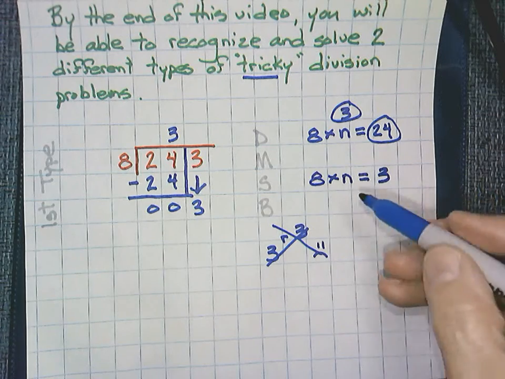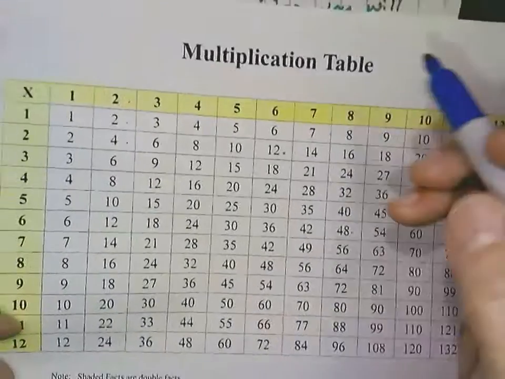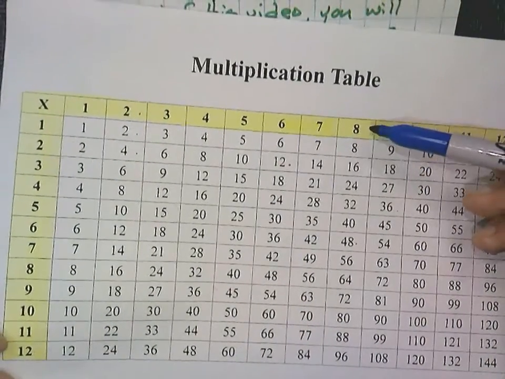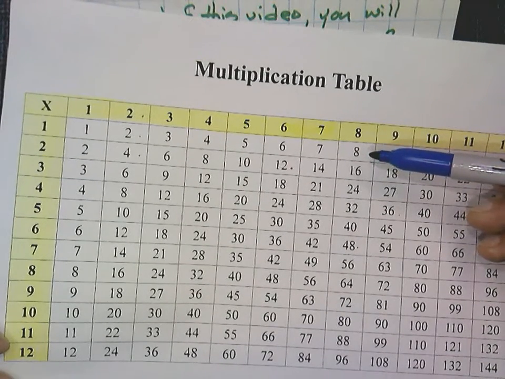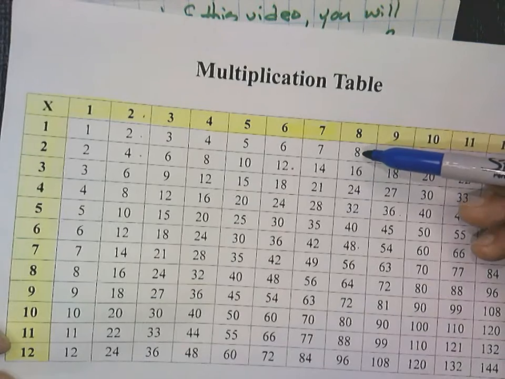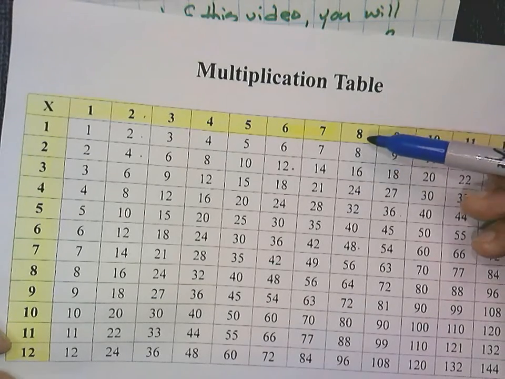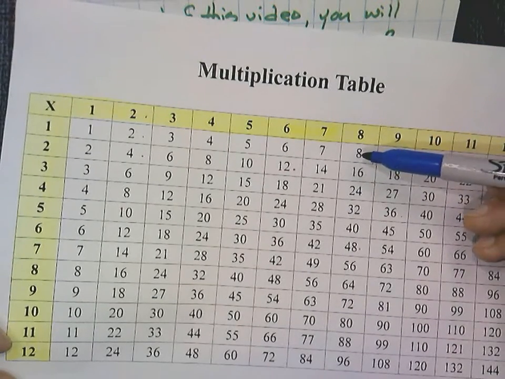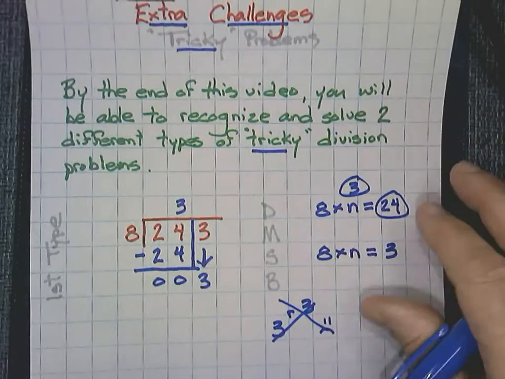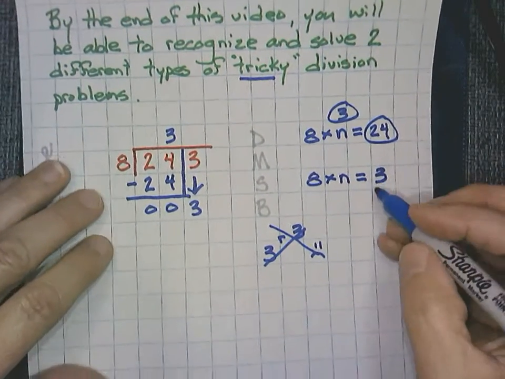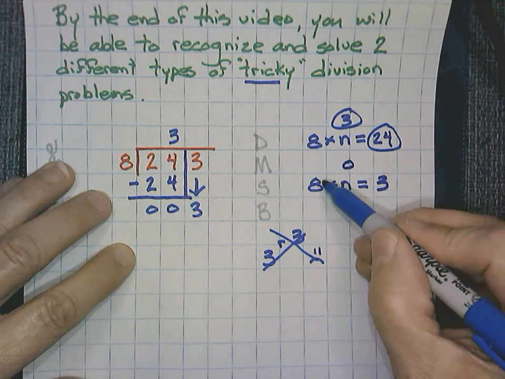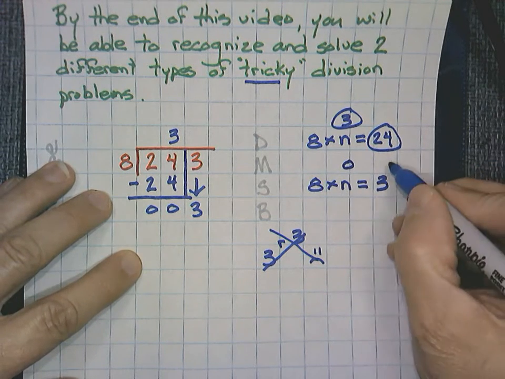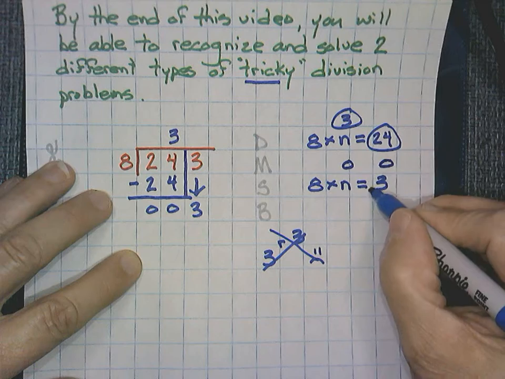Well, when we go to our multiplication chart and look under 8, you'll notice that you won't see 3. In fact, the first one that you see is 8, and 3 is less. This particular chart does not show zeros, but n in this case would be equal to 0. So 8 times 0 would equal 0. It does not equal 3.